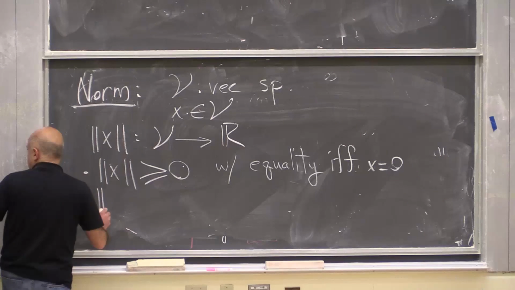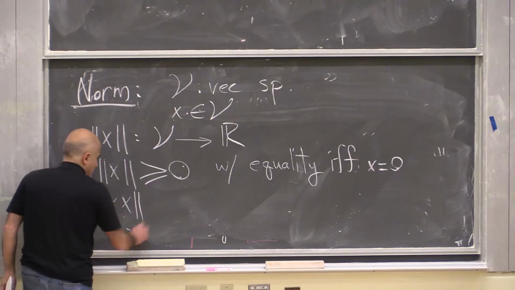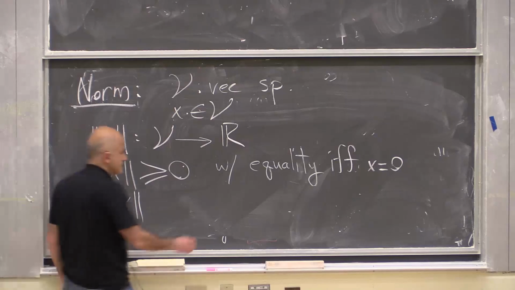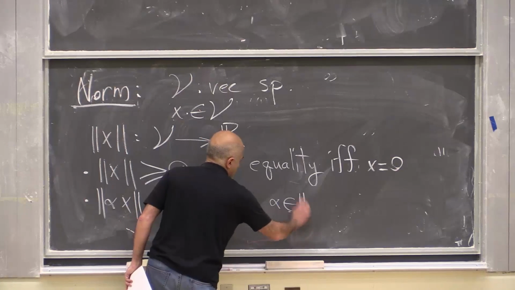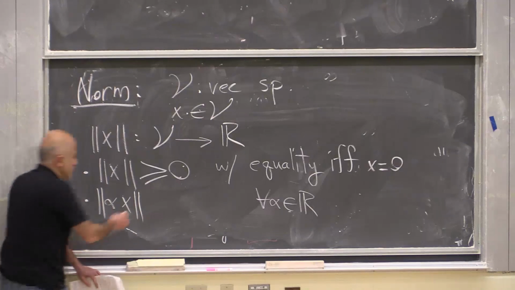The other one, as you can get inspired by what we did there, is if I scale any element in my vector space with an arbitrary scalar, what should I get out?